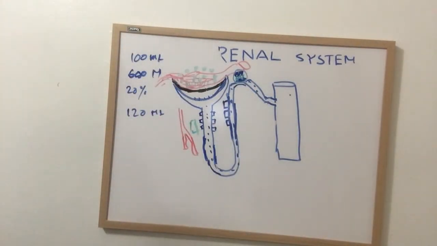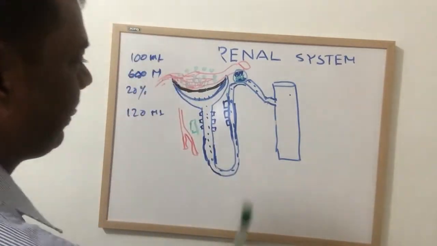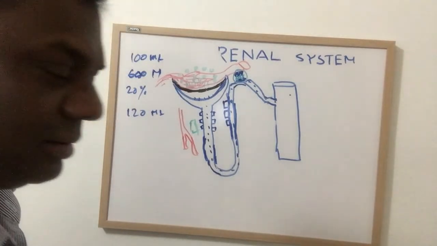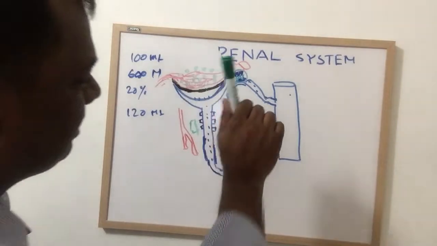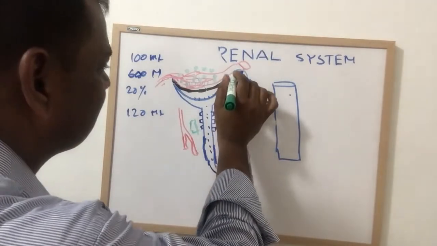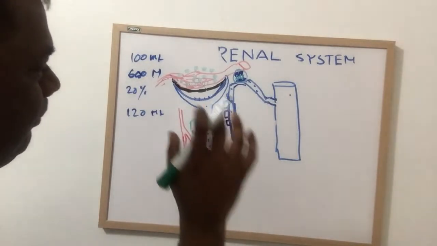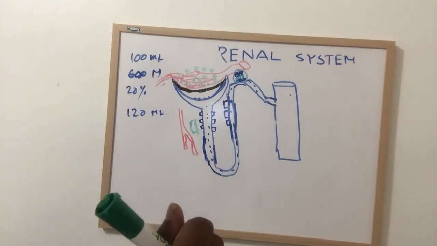We are not going to discuss it, but once blood comes here low, this pulcacin can detect the pressure of the blood, so they get activated and start secreting renin in the blood. Renin binds with angiotensinogen 1.